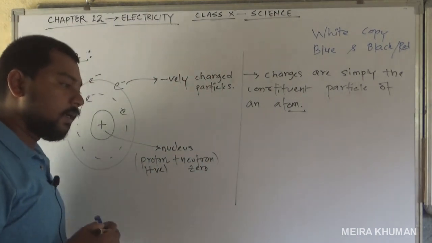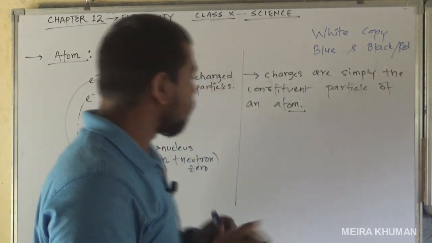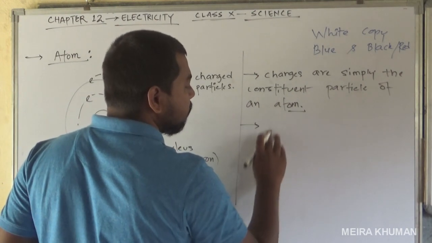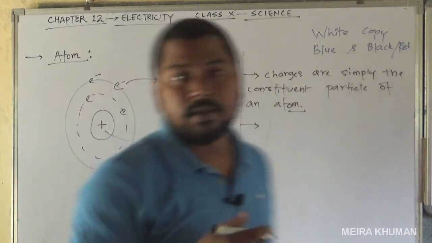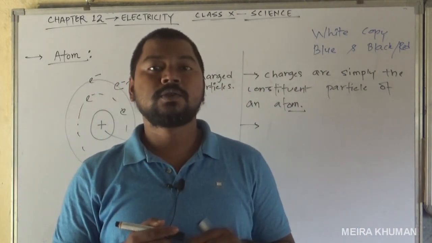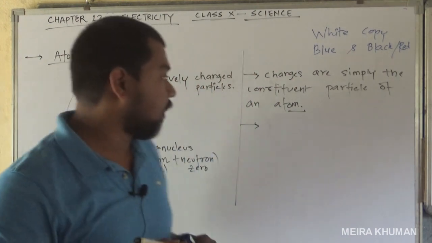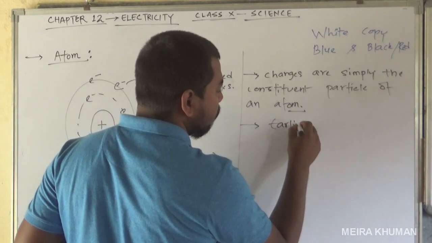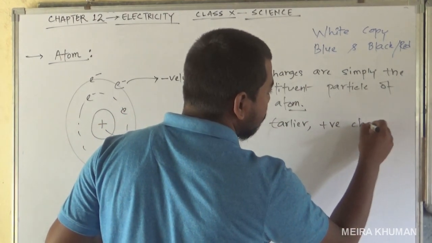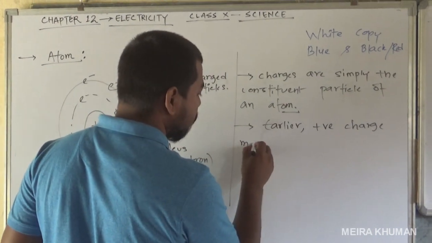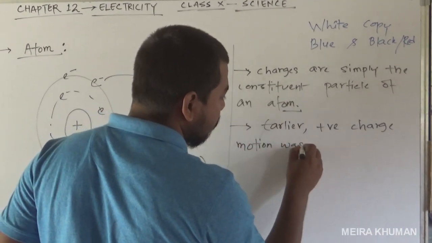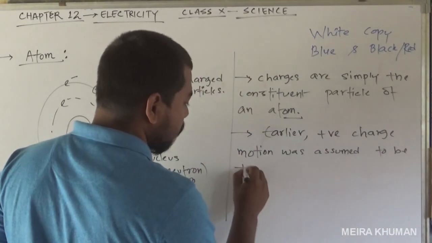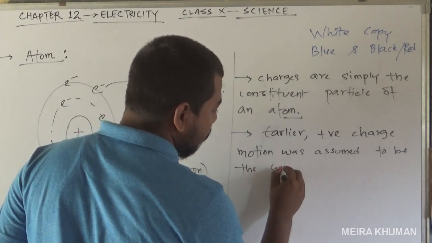See, in earlier days, scientists were unable to find negative charges. That means the electron was discovered far later, after the proton. So earlier, scientists used to assume that the motion of positive charge was the current.